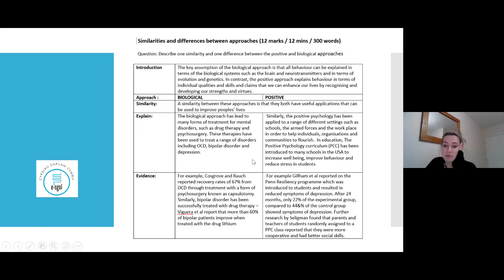Further research by Seligman found that parents and teachers of students randomly assigned to PPC class reported that they were more cooperative and had better social skills. So again, a really nice chunk of evidence to back up that explanation. That would be enough for your similarity: one similarity, explanation from each approach, evidence from each approach.